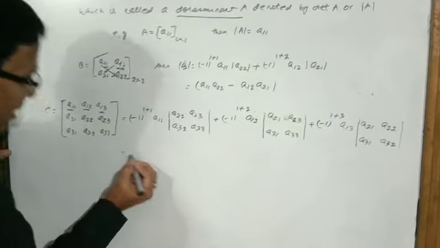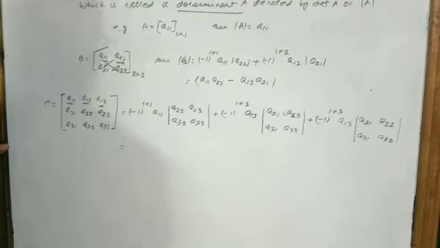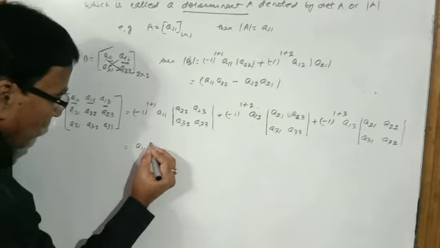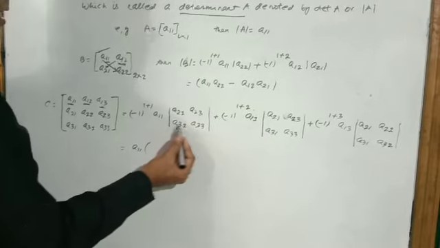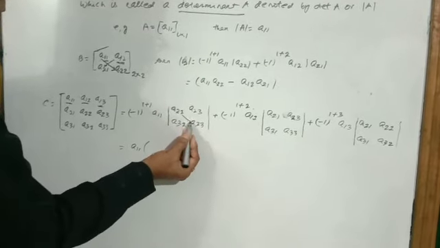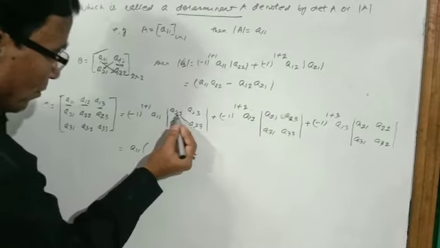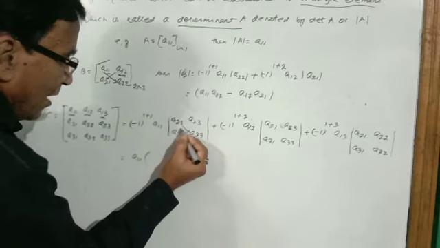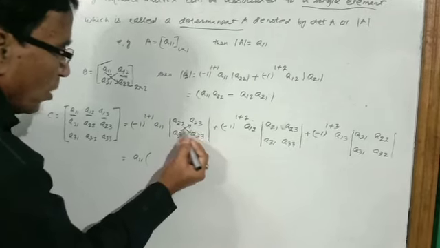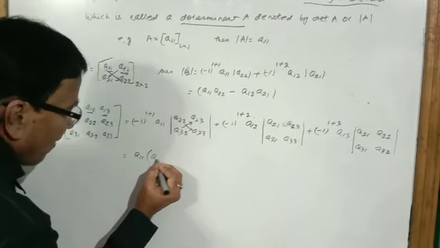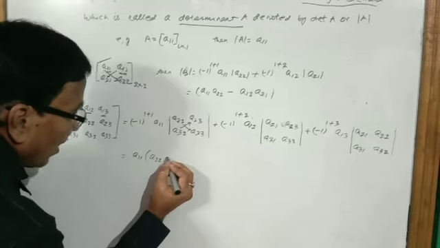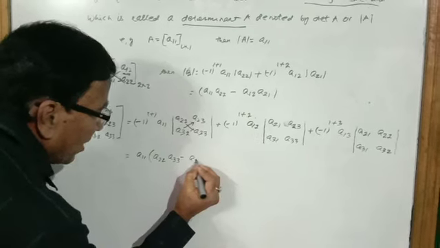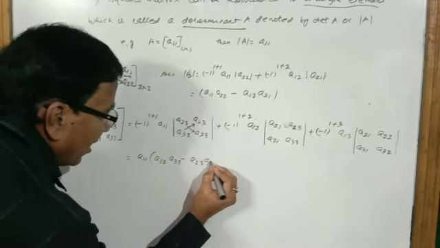So finally we are getting (-1) whole to the power 2, that is equal to plus 1. So plus 1 into A11 into a determinant of second order. So its value is equal to product of diagonal elements minus product of non-diagonal elements. That means it is A22 A33 minus A23 A32.